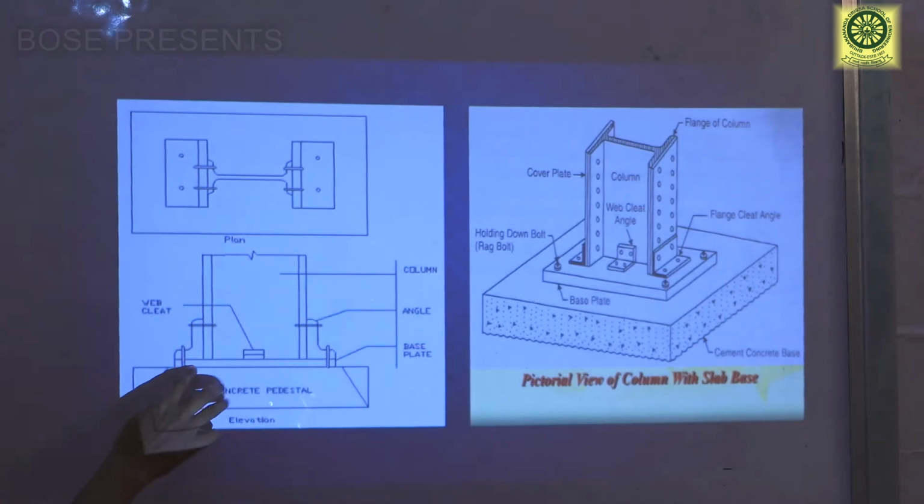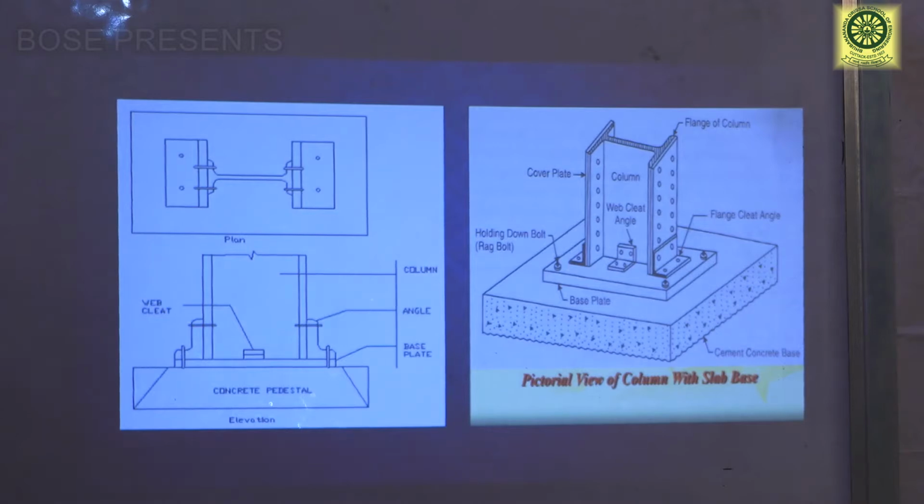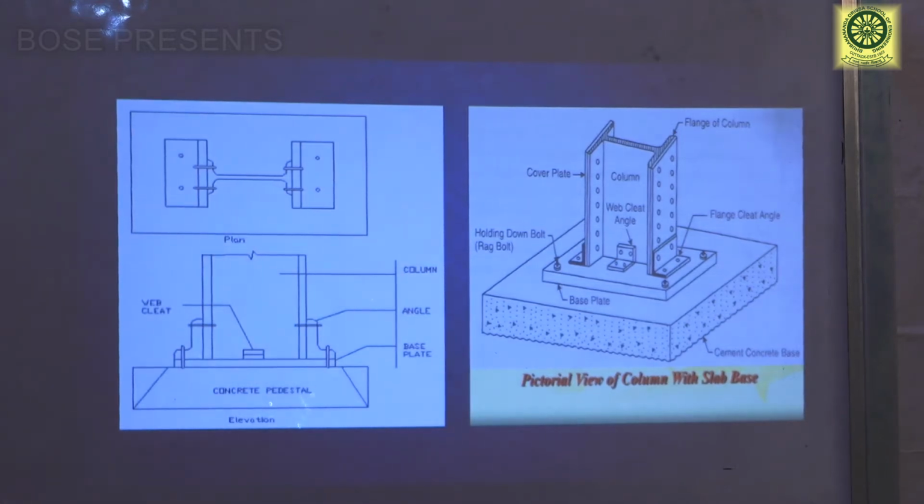For this reason only, a column base having a larger area is used in the slab base. This is the plan view of the slab base, and this is the three-dimensional view. Here this is the cleat angle, this is the column, this is the concrete pedestal, and this is the base plate used.